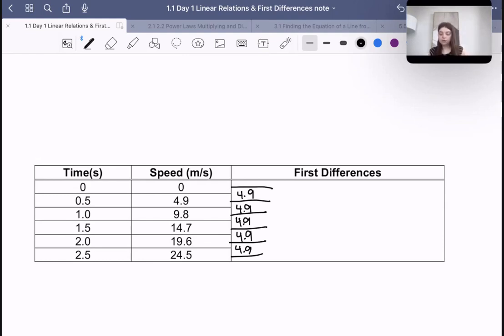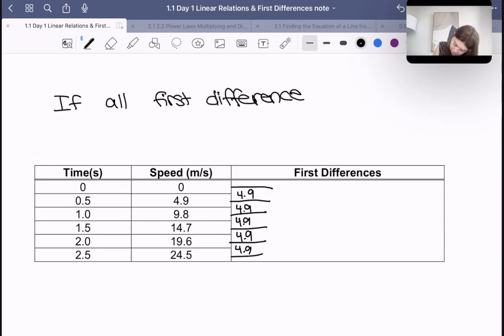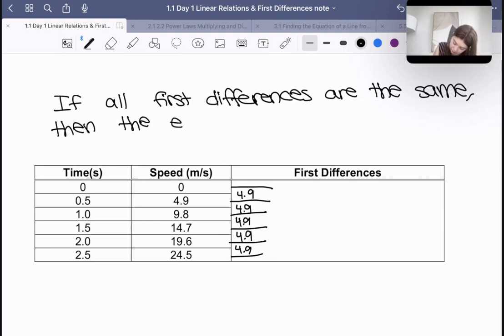And here is our new rule I'm going to teach everyone: if all first differences are the same, then the relation is linear.